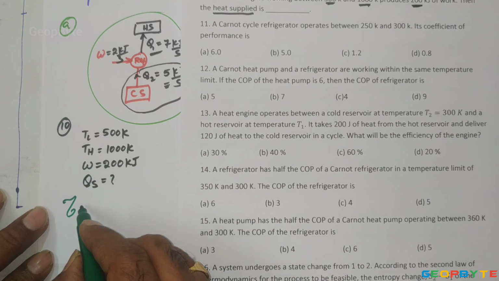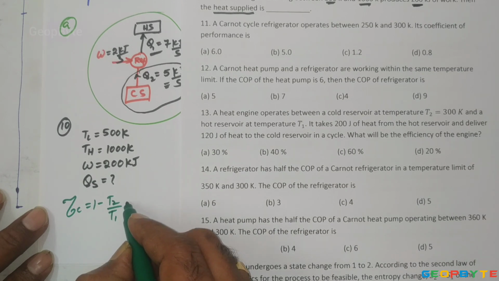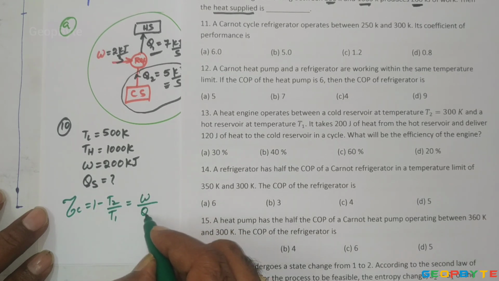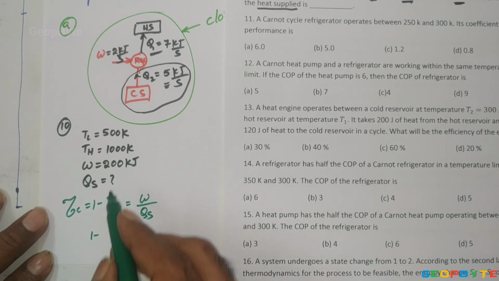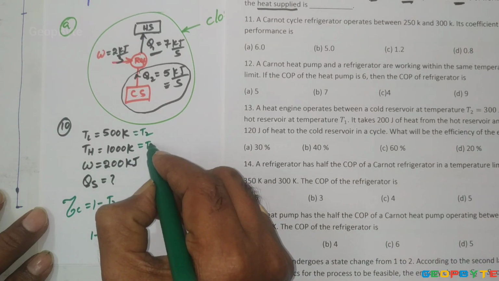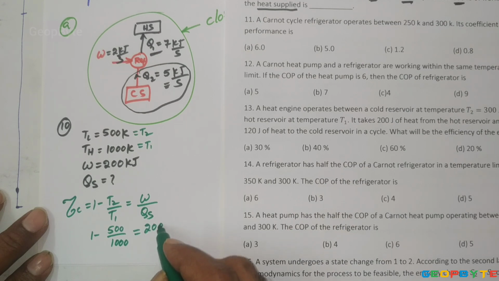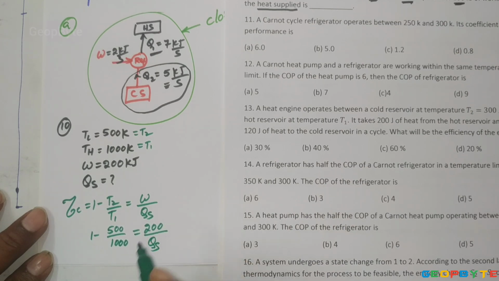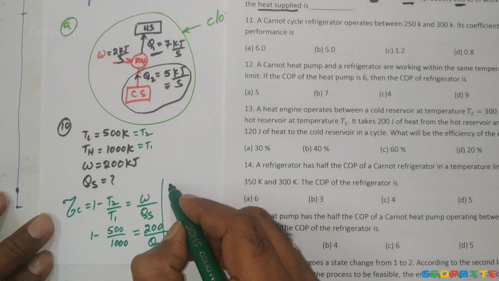Carnot engine efficiency equals 1 minus T2 by T1, which equals W by heat supplied to the heat engine. T2 means lowest temperature, and highest temperature is T1. 1 minus 500 divided by 1000 equals 200 divided by heat supplied. 500 by 1000 is 0.5, and 1 minus 0.5 is 0.5.